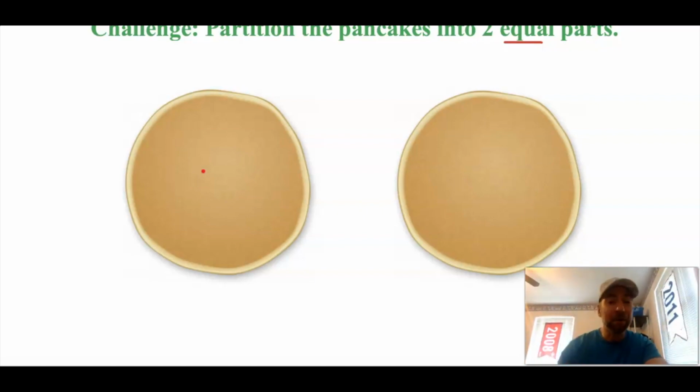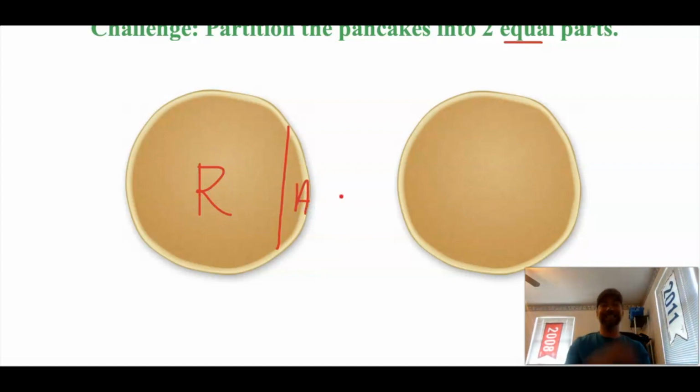So here we go. Let me go and cut our pancakes. And there we go. Mr. Renzi gets this piece, and Mrs. Attardi gets that piece. Did I break them up into two equal parts?